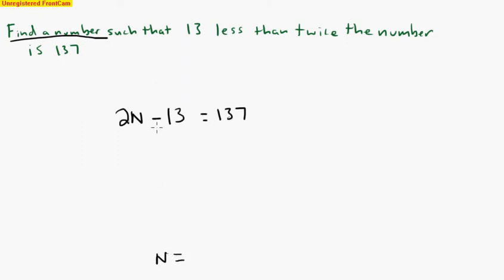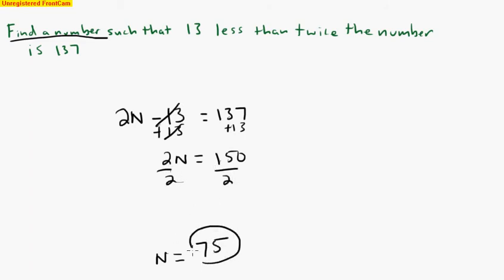We've got to find the number. 2n equals 150. Divide by 2. Divide by 2. n equals 75. And we could check. 2 times 75 is 150, minus 13 is 137, so we are correct.